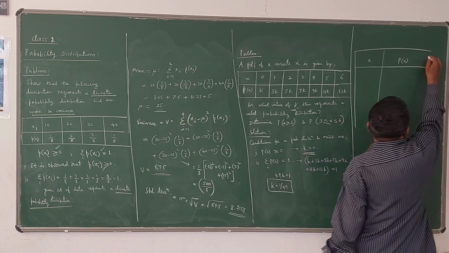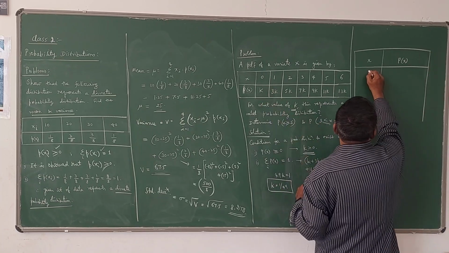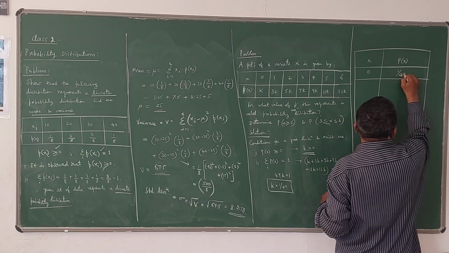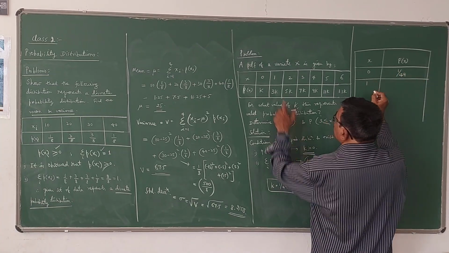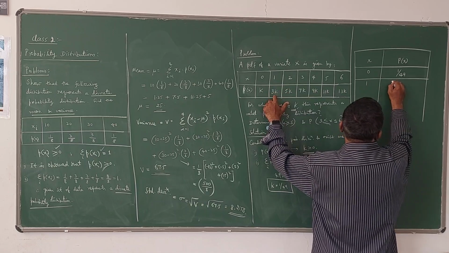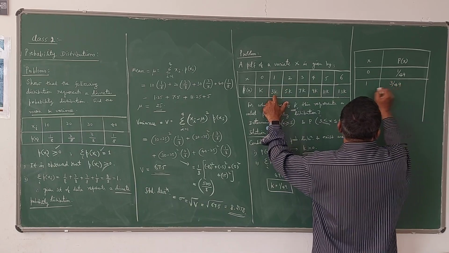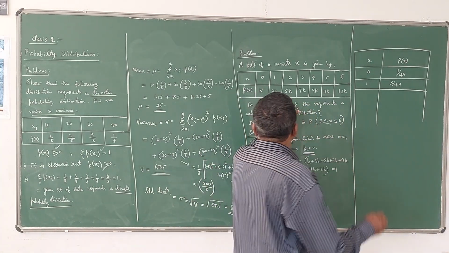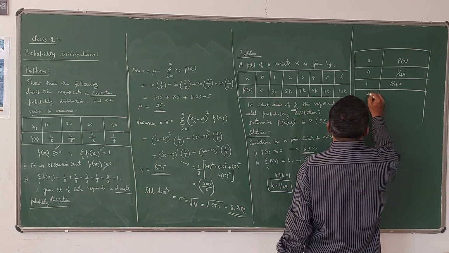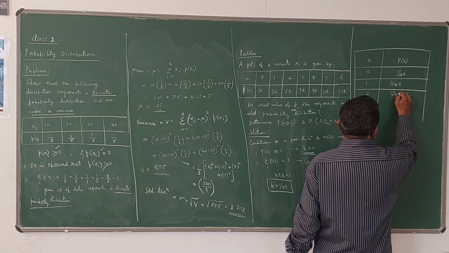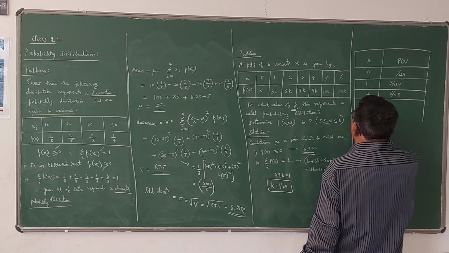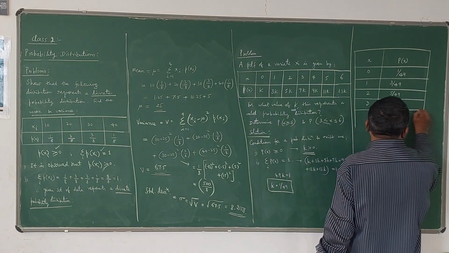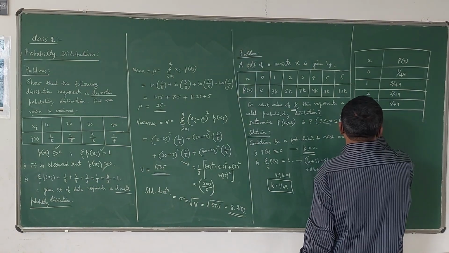For x equal to 0, p of x is k, which is 1 by 49. For x equal to 1, p of x is 3 times k, 3 by 49. Correct? 3 into 1 by 49. Next, x equal to 2, 5k, 5 by 49. Next, x equal to 3, 7 by 49. X equal to 4, 9 by 49.